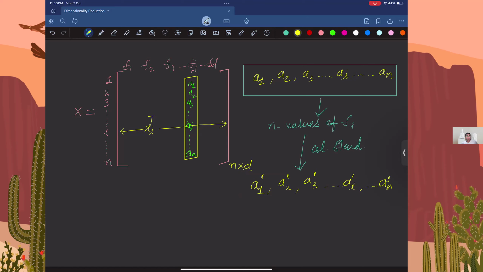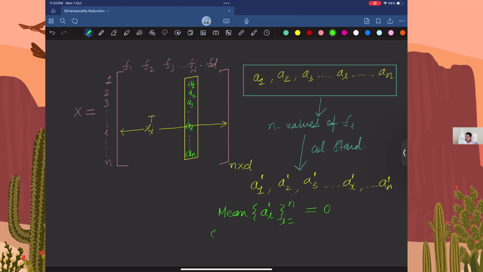So in the transformed data, what is the difference? I will ensure that the mean of my standard data, that is the mean of AI dash, that is the mean of my transformed data, where I is equal to 1 to n, is equal to 0.